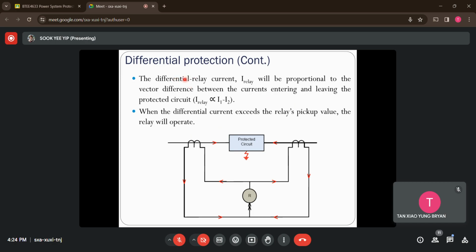In the event the differential current is now more than zero, reaching the relay pickup current value, it will start to operate. That's how it's named differential protection scheme: it works based on the difference current, the differential current. Okay, so now let's move on.